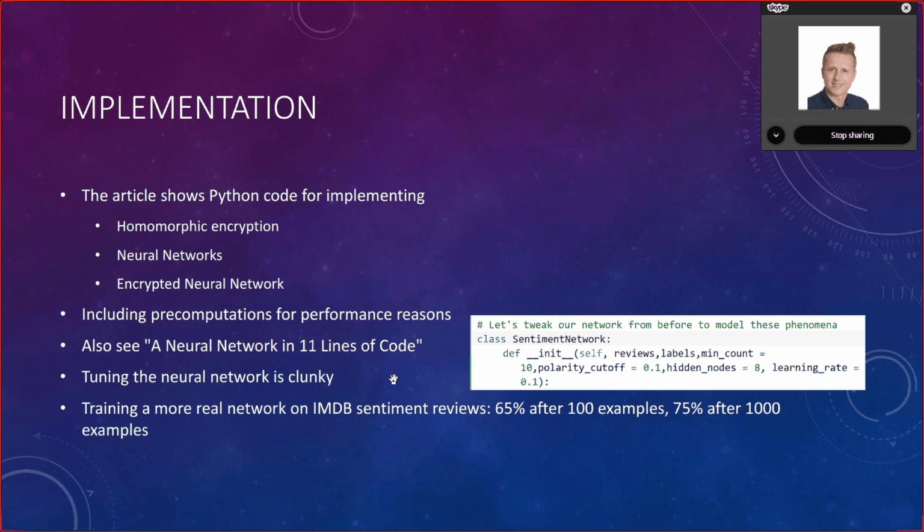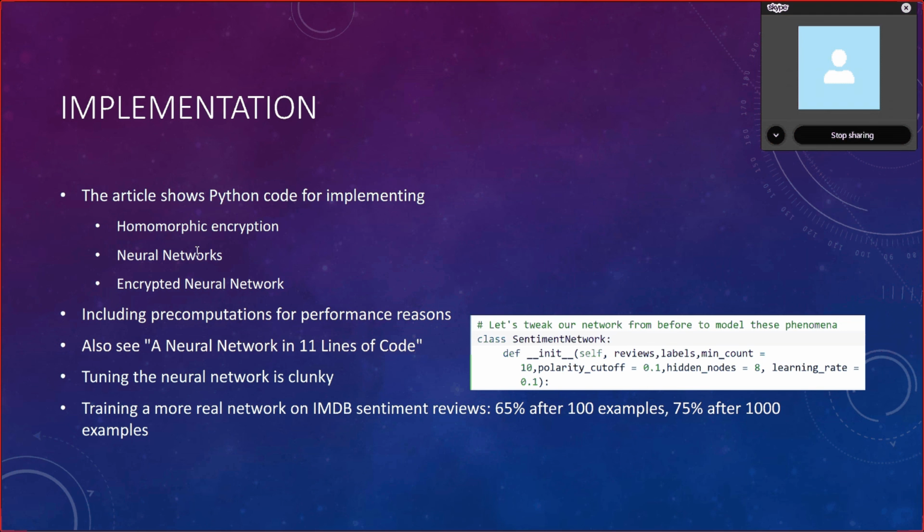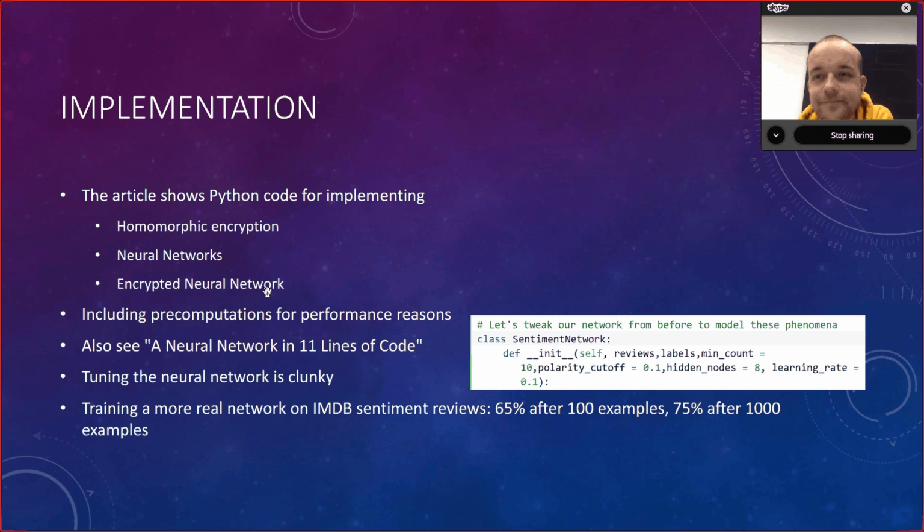And in the other examples, the homomorphic encryption algorithm is also implemented in Python here, and they show the neural network, and they show how to combine it, and they show also some pre-computations that happen for performance reasons to try to speed this up, which is somewhat necessary, because 2 seconds per operation is kind of slow, no matter how you look at it.